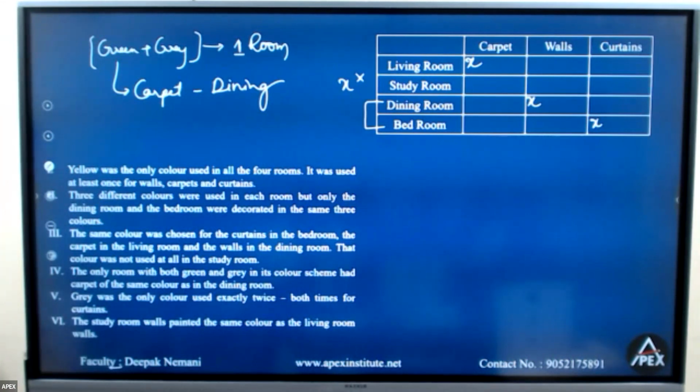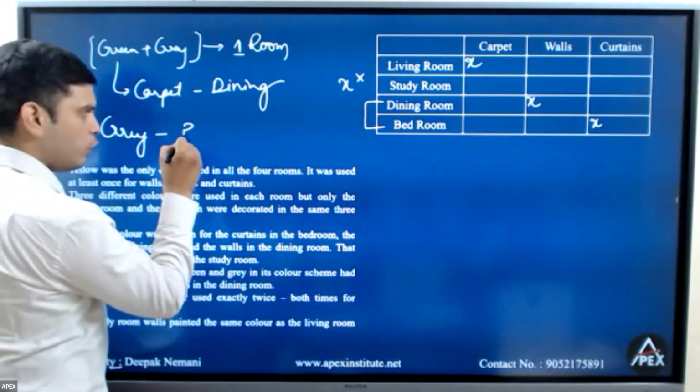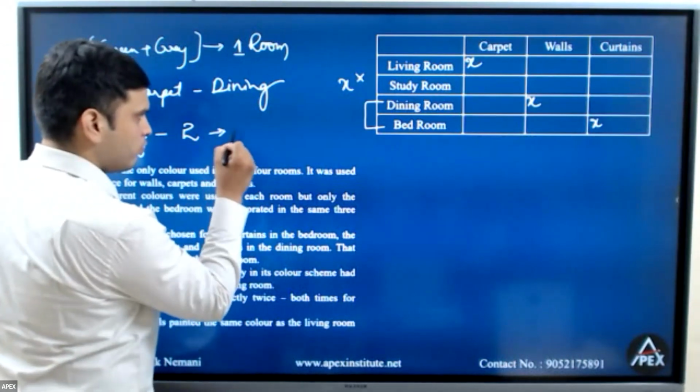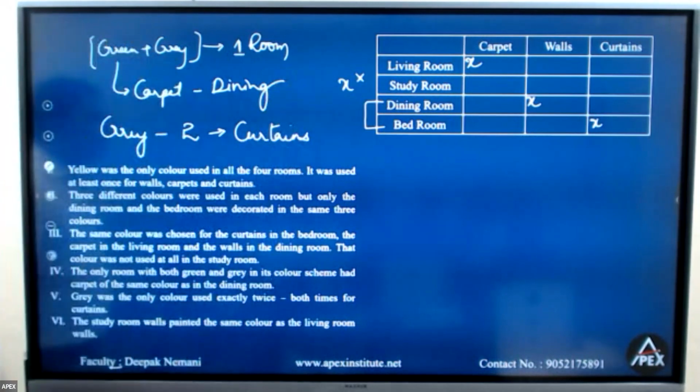Gray was the only color used exactly twice, both times for curtains. So gray was used only twice, in only 2 rooms and for only curtains. You do not have any carpet or wall painted with gray. And the study room walls are painted with the same color as the living room walls.